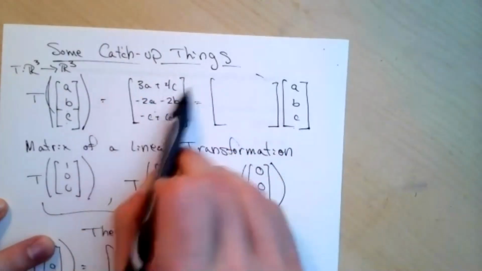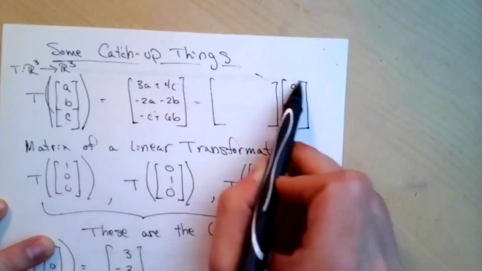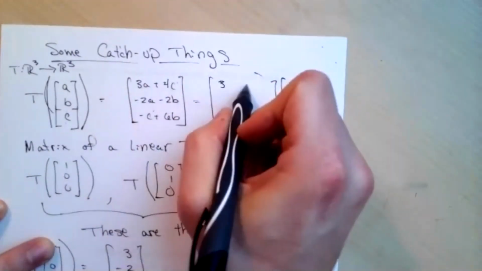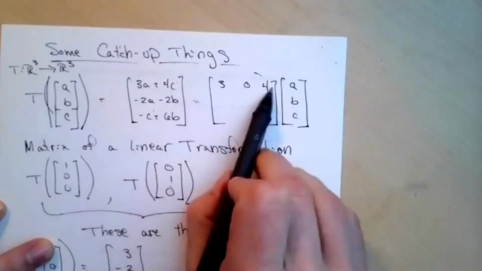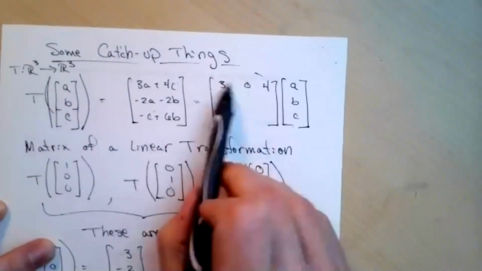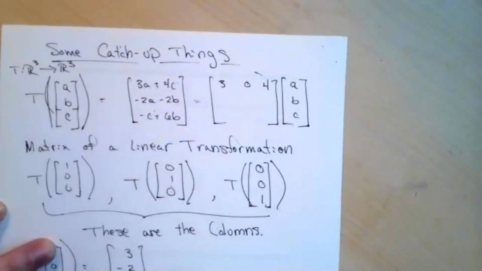The top row is going to be the first row times our vector. We have 3 copies of A, 0 copies of B, 4 copies of C. So if I take this row and a dot product with that column, that'll give me 3A plus 0B plus 4C, first row.